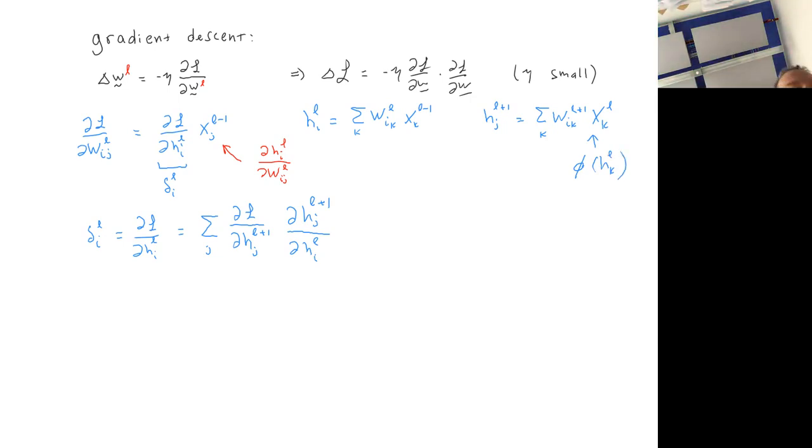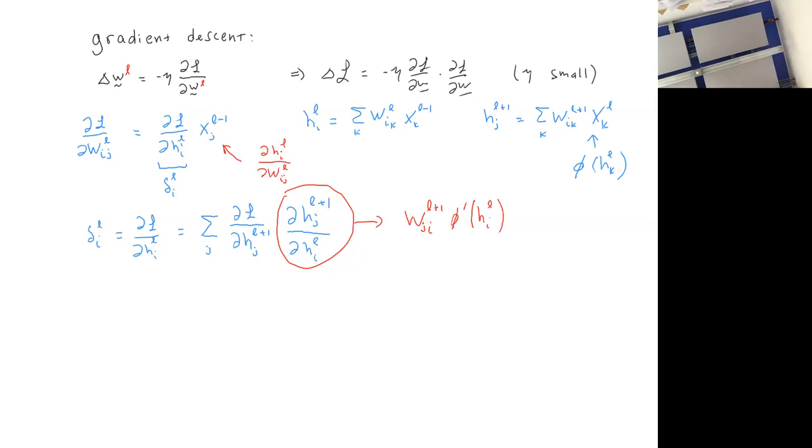Now, if we look at this, the partial of h_j^(L+1) with respect to h_i^L is really easy. This term is equal to W_ji^(L+1) times phi prime of h_i^L.